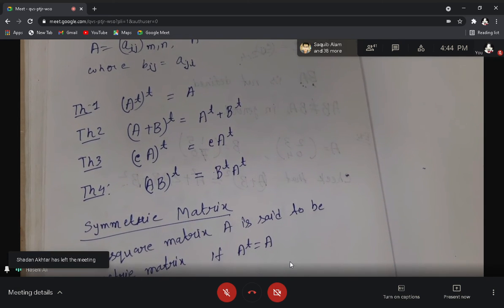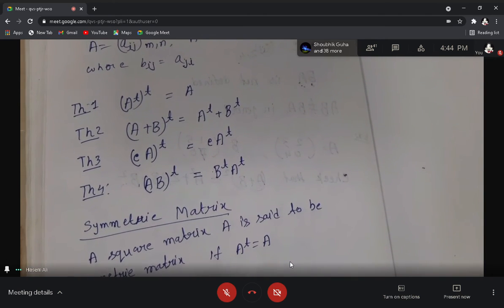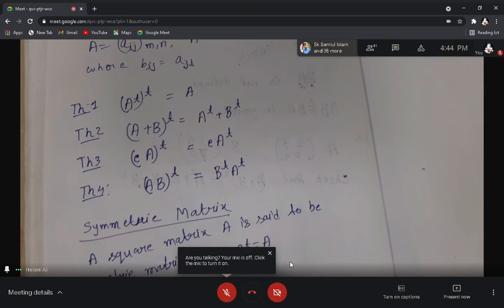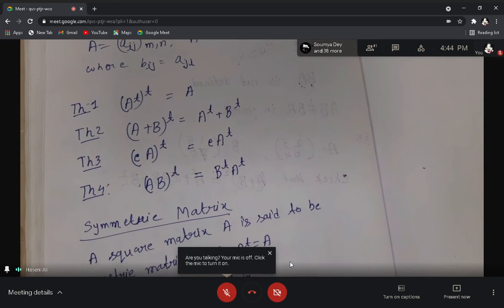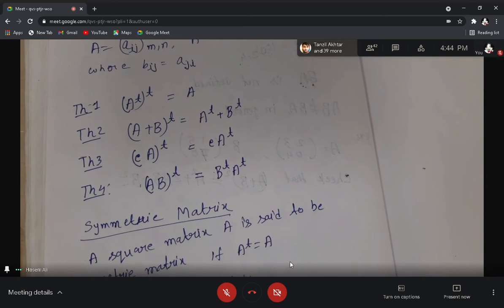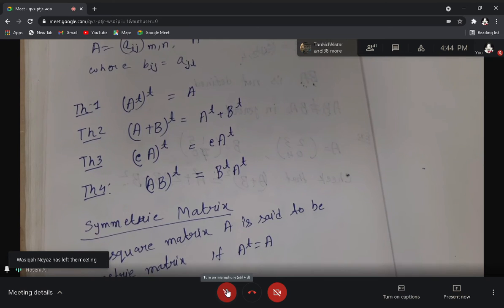And if A transpose equals minus of A, then this is called a skew symmetric matrix.